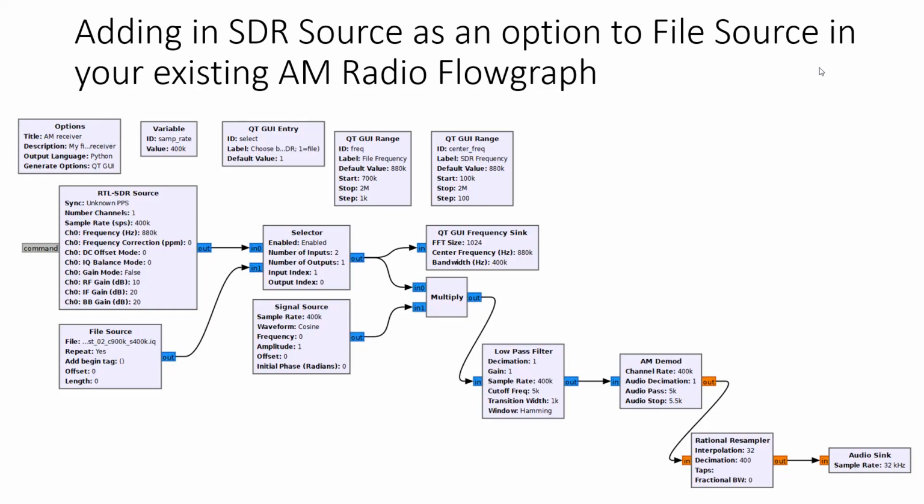You can select multiple blocks together, right click and copy them, and then paste them into another flow graph if you wish. And if you give me some indication of whether you managed to do it, when people have finished, let me know.